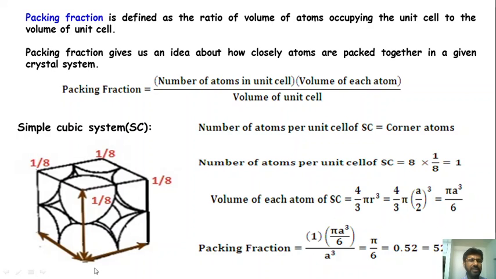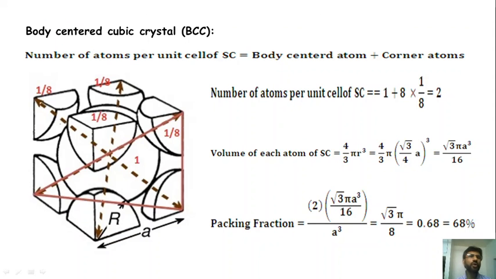If a is the edge of this cube, that is the distance between the 2 atoms, then we can obtain the packing fraction by substituting these 2 values, that gives 0.52 or 52%.